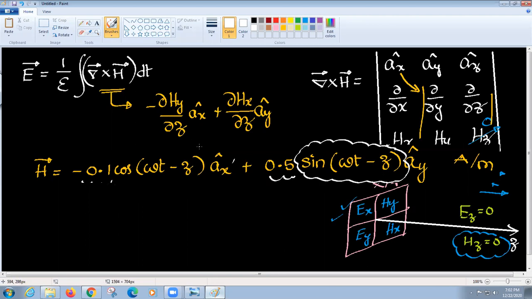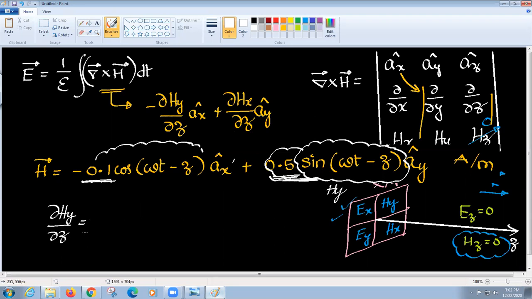And this component is going to become my Hx component. I want to derive this component with respect to z. Let me take this as my H2 naught, this as my H1 naught. I just take this one as my Hy, and perform dou Hy by dou z.